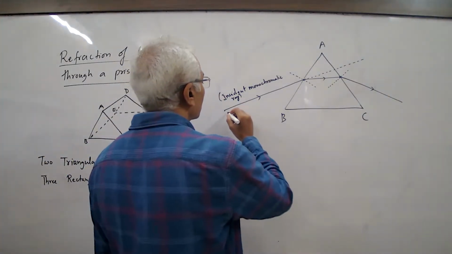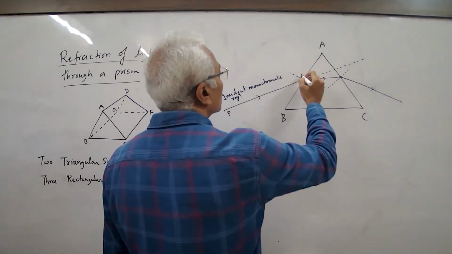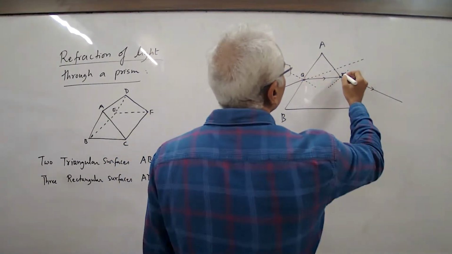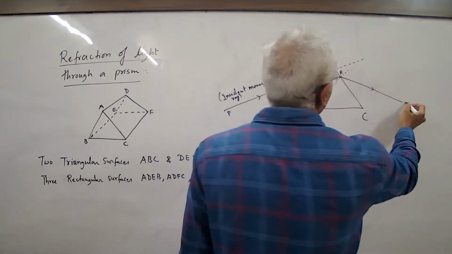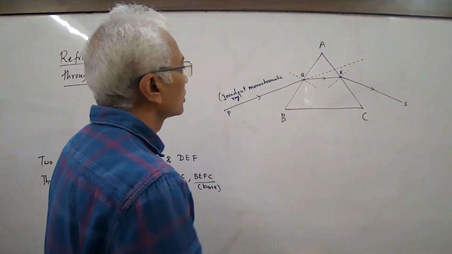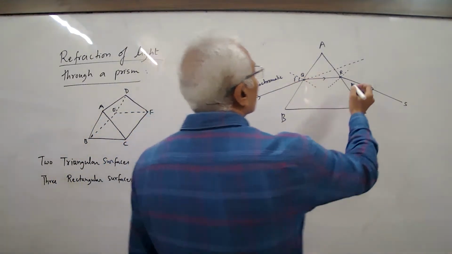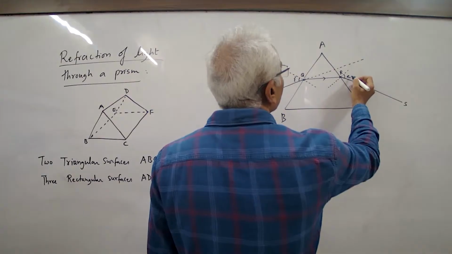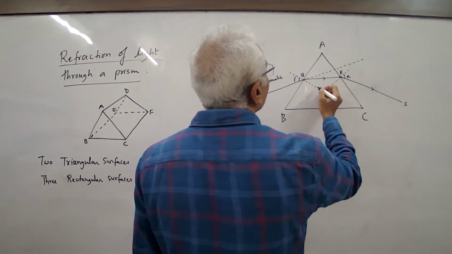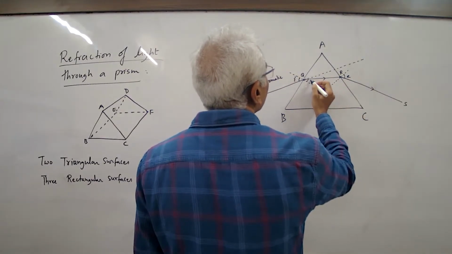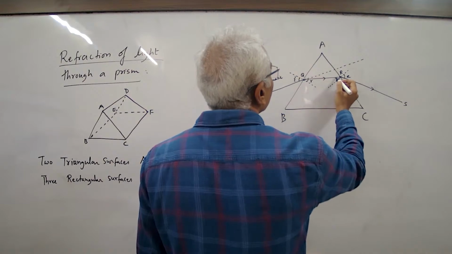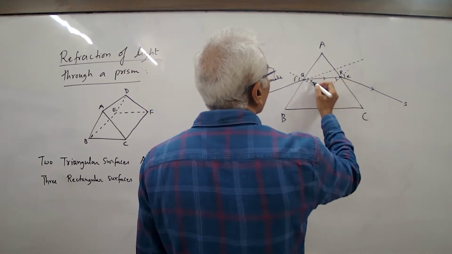So now label it. Let's call these P, Q, R and S. Okay. So this is the angle of incidence. This is your angle of emergence. This will be the angle of refraction. We call it r1, r2.